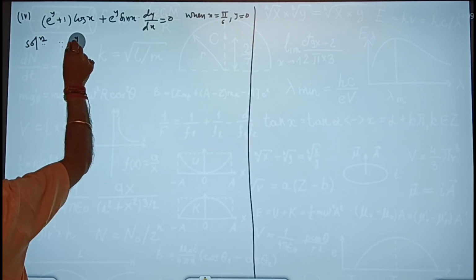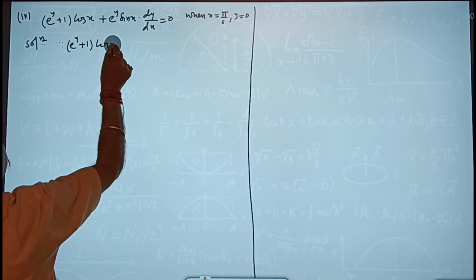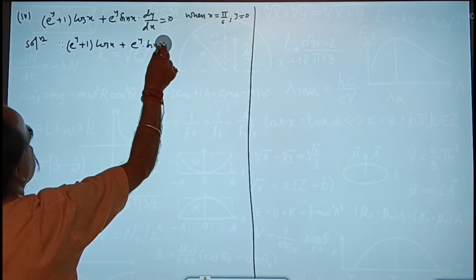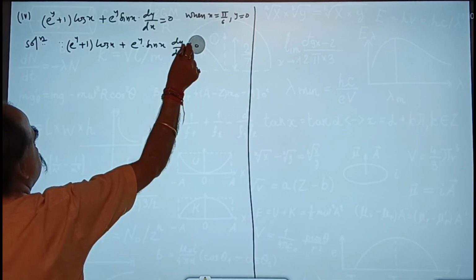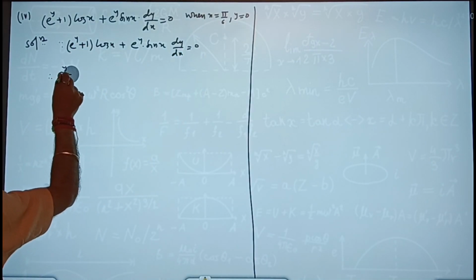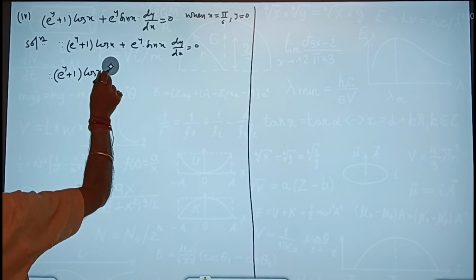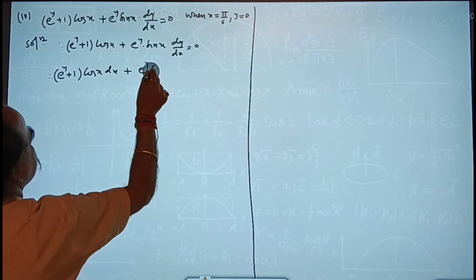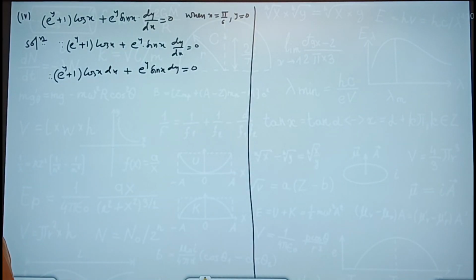Since e raised to y plus 1 cos x plus e raised to y sin x dy by dx is 0, you cross multiply: e raised to y plus 1 cos x dx plus e raised to y sin x dy is equal to 0.